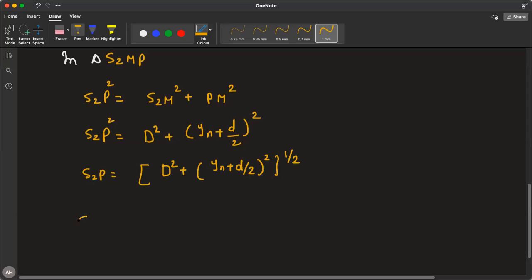You can take D squared as common here. If you take D squared as common, this is 1 plus (yn plus d by 2) squared by D squared, all to the power half.